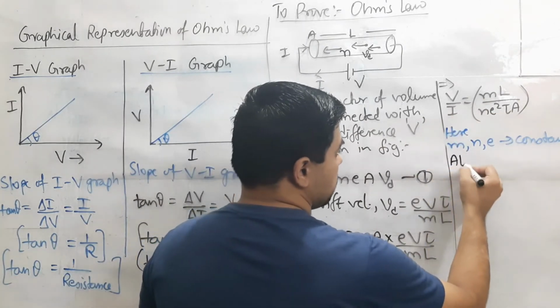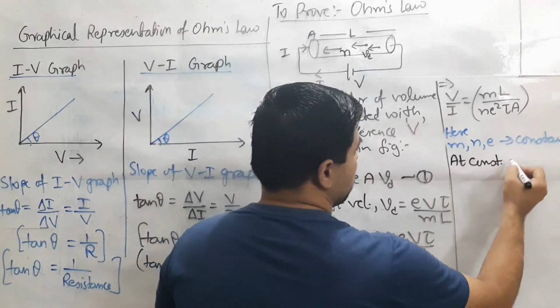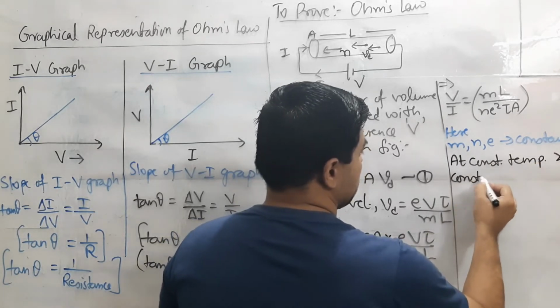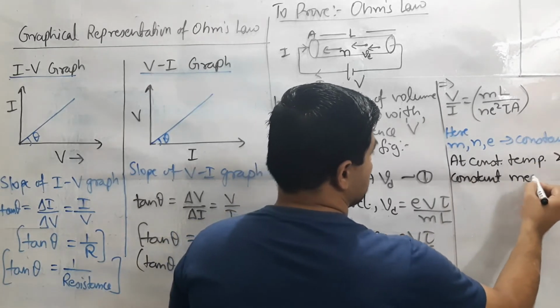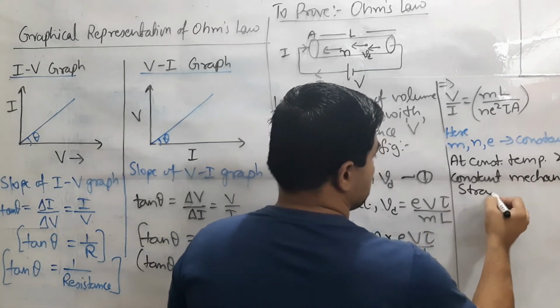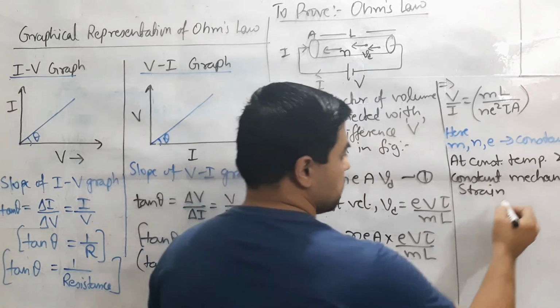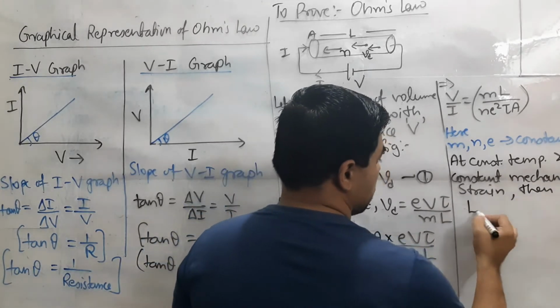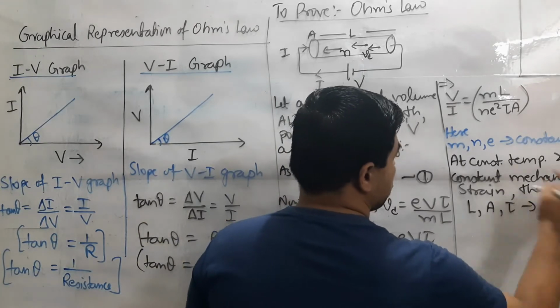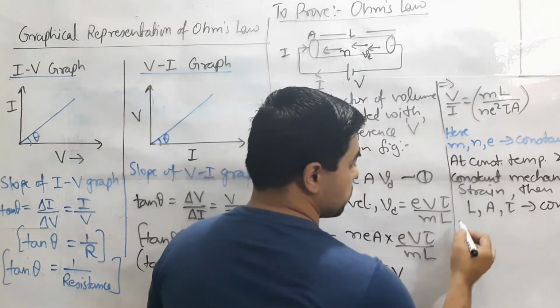Now at constant temperature and constant mechanical strain, if we take these as constant factors, then L, A and tau will be constant, and therefore at this condition the entire expression will be constant.